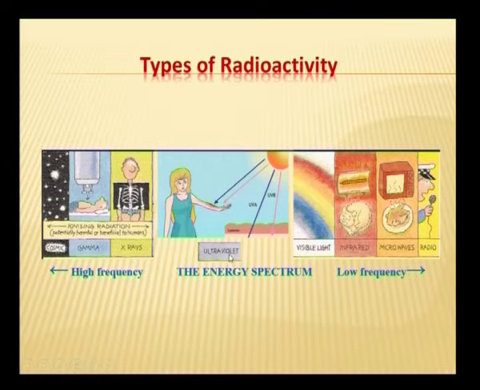It may fall on human beings, giving rise to sunburn and cancer and so on. Then visible light, infrared being used for therapy, microwaves which are used in microwave ovens in the kitchen, and radio frequency. So, the entire electromagnetic spectrum contains the high frequency region and the low frequency region. Now, we are showing this because we are going to talk about the gamma radiation, high energy gamma radiation.